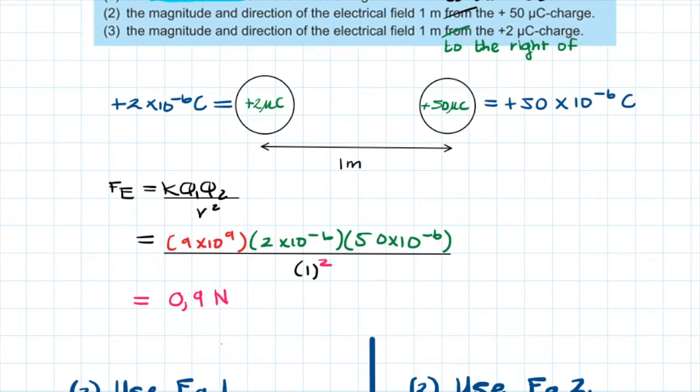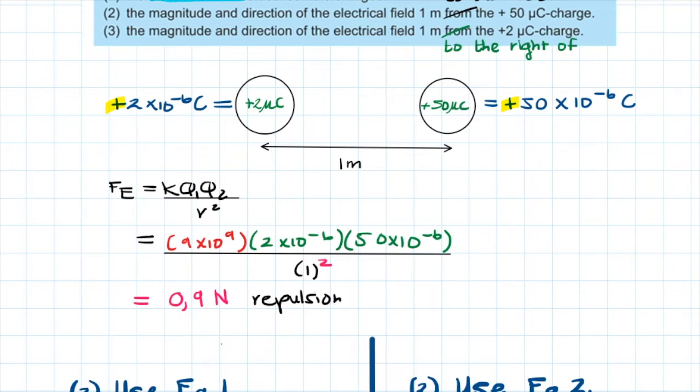Now the question was not specific. It did not ask what is the electrostatic force on the positive 2 microcoulomb charge or on the positive 50 microcoulomb charge. So therefore, just to expand on our answer, we're going to say that between these two charges, since they are both positive, we're going to have a force of repulsion. Since we cannot say it's to the left or to the right, the direction is affected by which charge we're focusing on, but here we're looking at the overall force between the two charges.